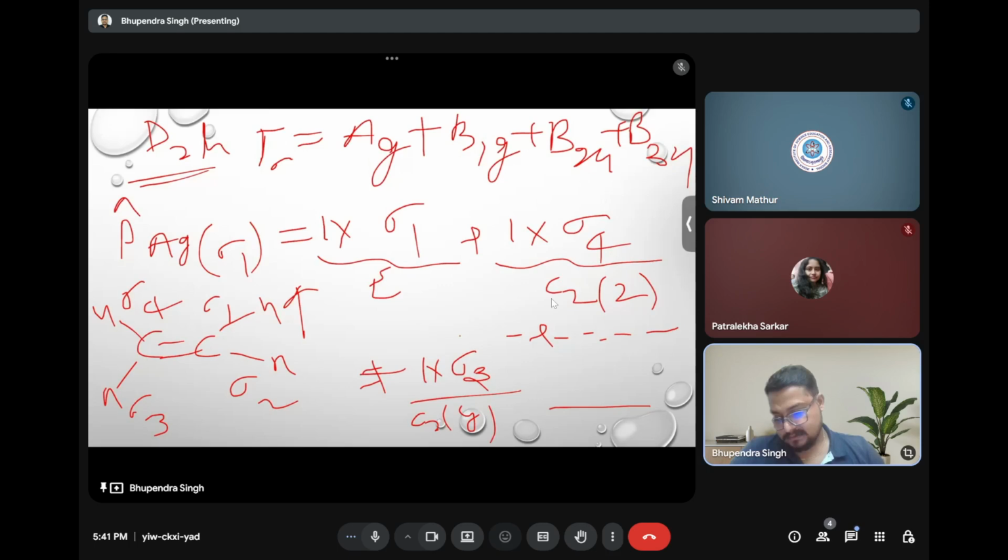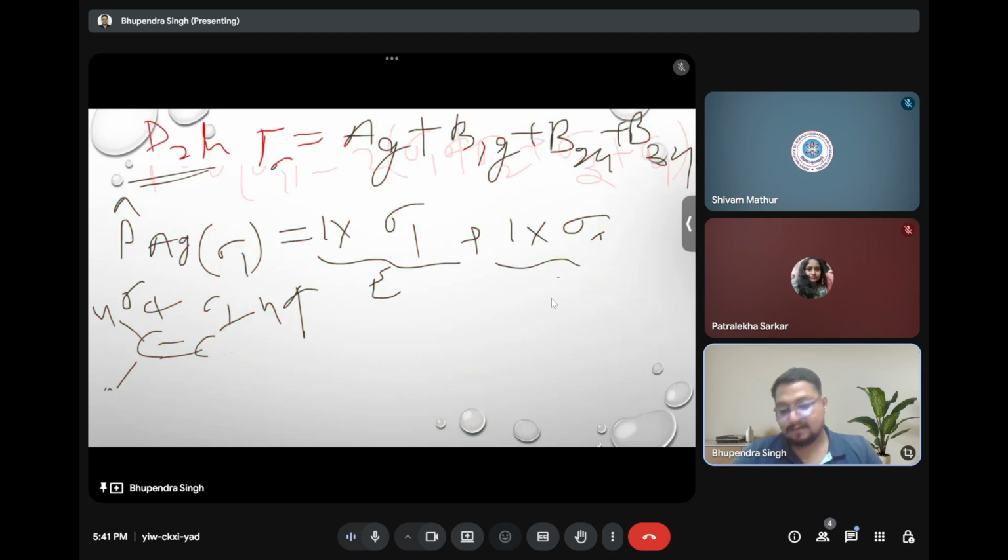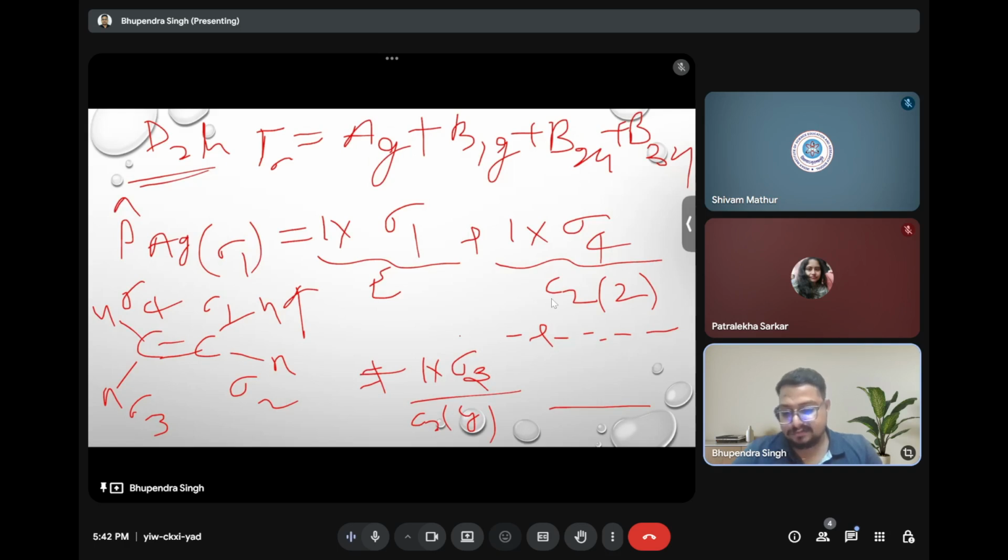I think this time we got lucky, because we solved the projection operator of Ag on sigma 1 and got sigma 1 plus sigma 2 plus sigma 3 plus sigma 4, which is the same answer the question asks for. The projection operator of Ag symmetry species, now we know, is easy.